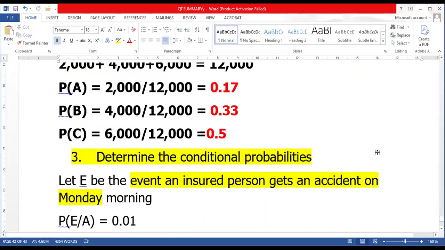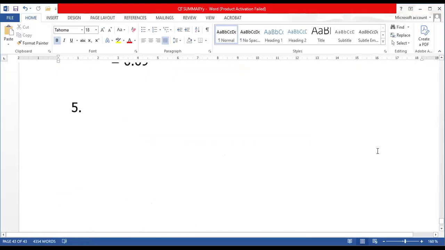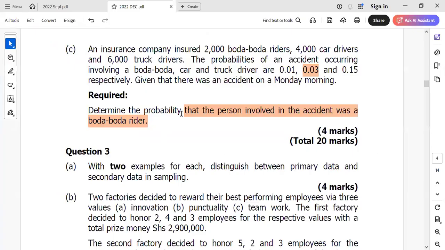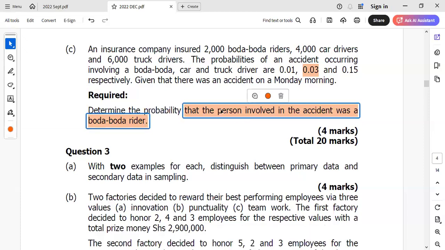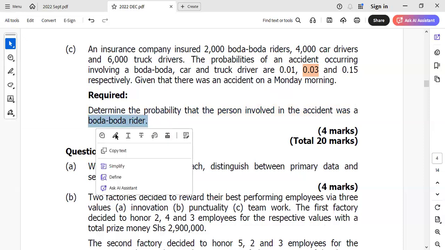So what does this one mean? I am looking for the probability of interest. What is the event of interest? The event of interest is the one of border rider. That is the one we are interested in.